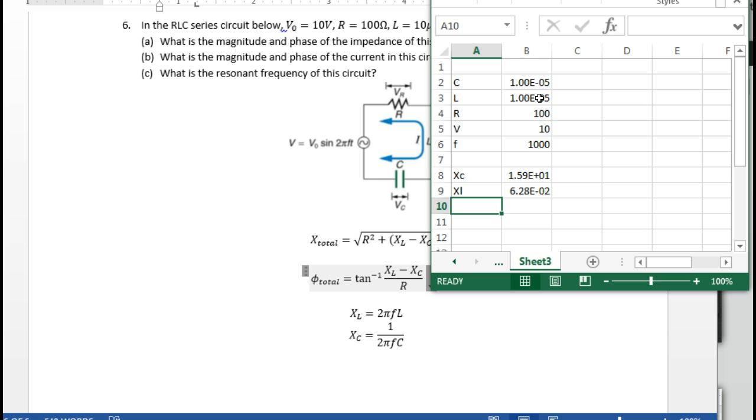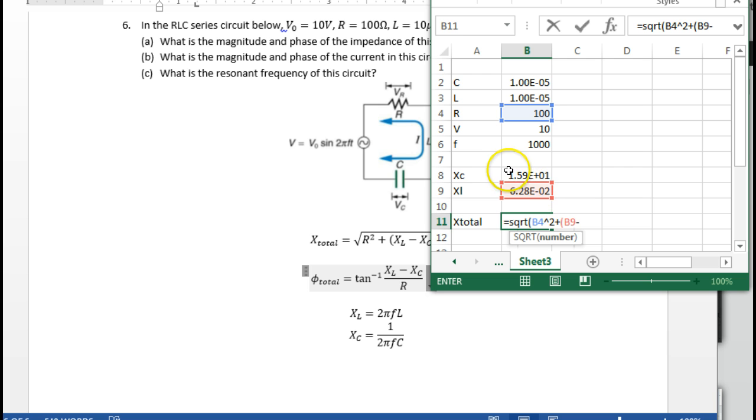All right? X total is square root of R squared plus XL minus XC squared.